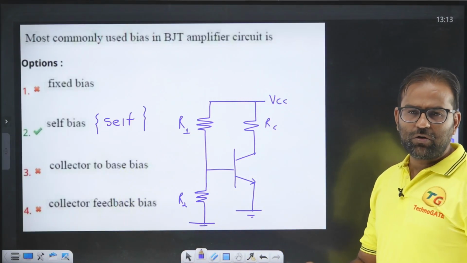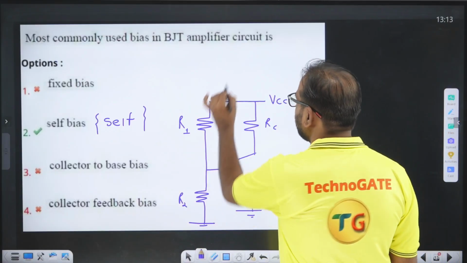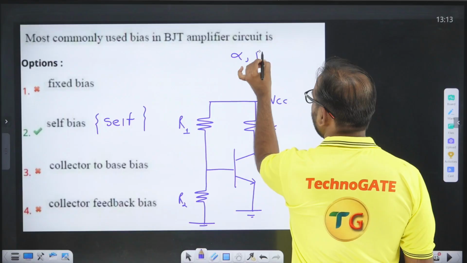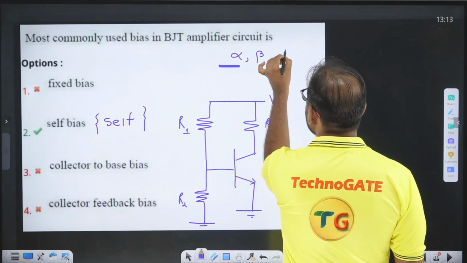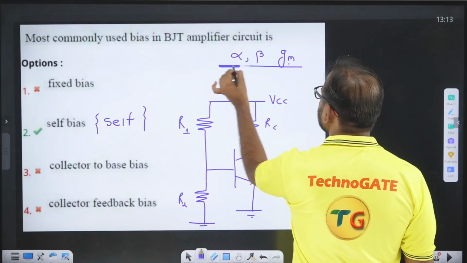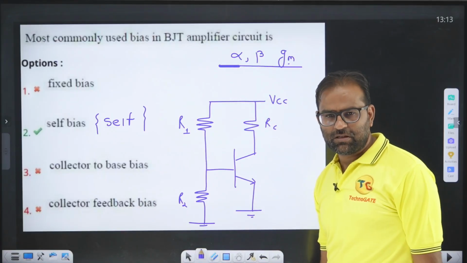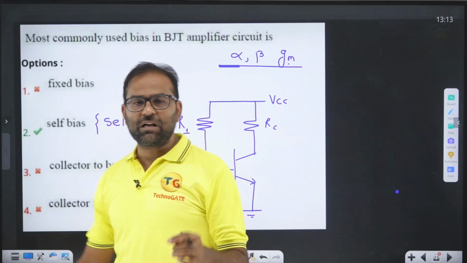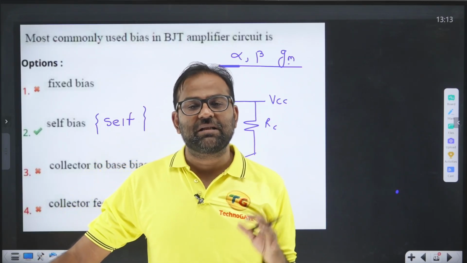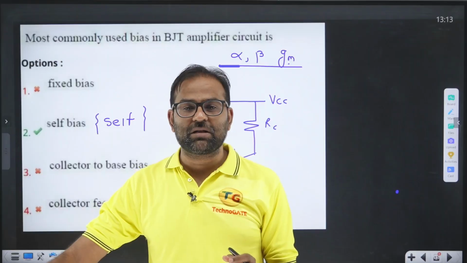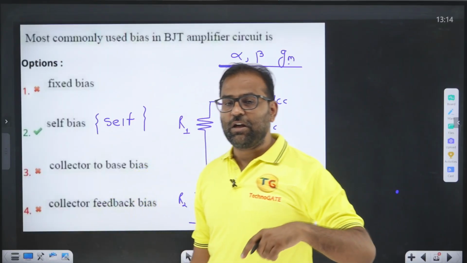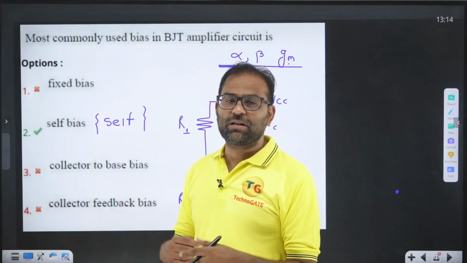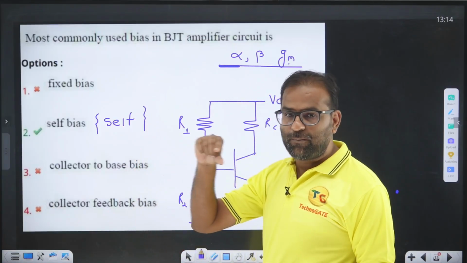Always remember, we want to make our biasing scheme free from these parameters, alpha and beta, and transconductance. We want to make our biasing independent of all these parameters, because these parameters are highly temperature sensitive. If the temperature varies due to the reverse bias or anything, the biasing point will change.